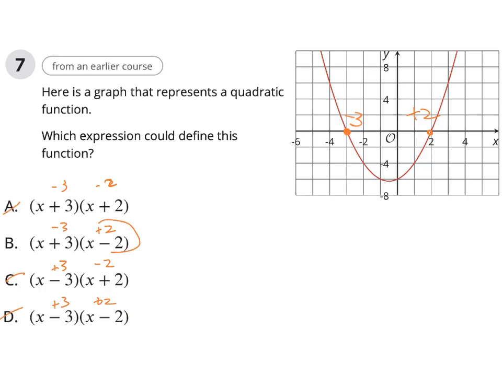That doesn't work. B is the best answer, is the only answer. Remember, on a graph, you have to switch the signs because when we say x is equal to -3, it has to be 0. So when you add 3 to both sides, x plus 3 equals 0. And that becomes our factor.